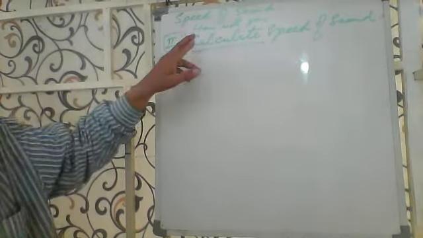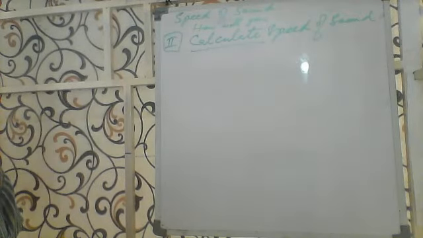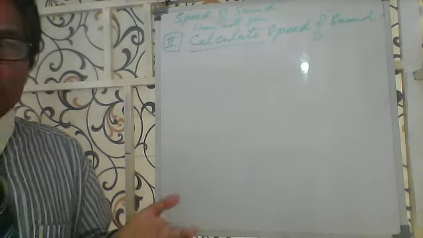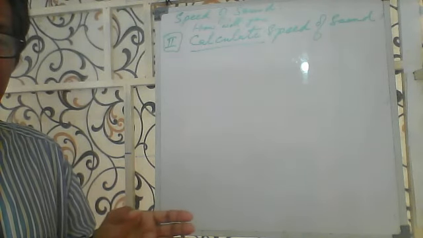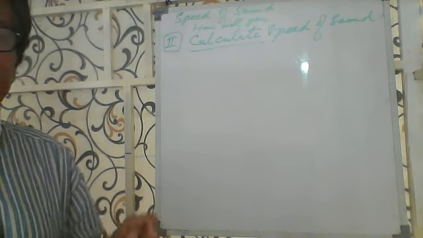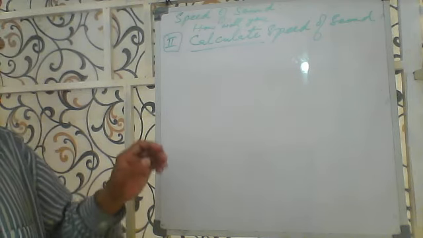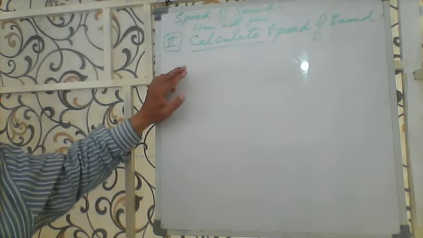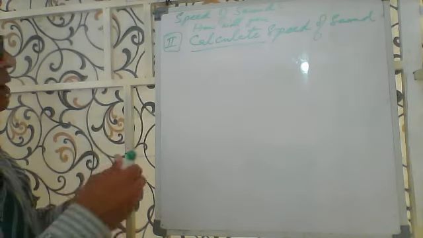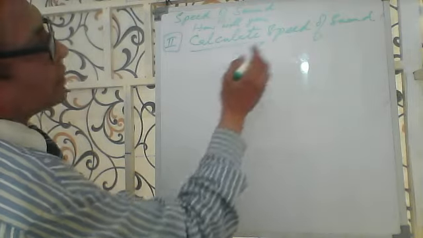Okay, now here when it is said how will you calculate speed of sound, then sometimes students start giving the answer as if they are going to present some experiment. Okay, the measurement is after this topic. We will measure the speed of sound also, but here you will have to calculate speed of sound.